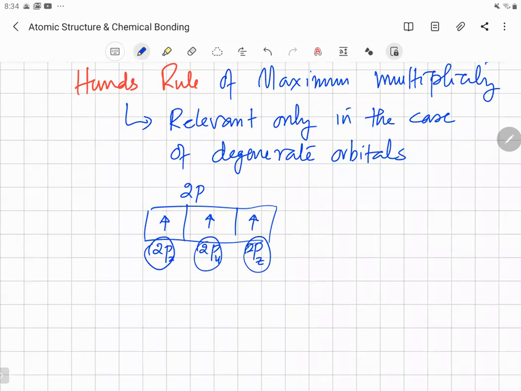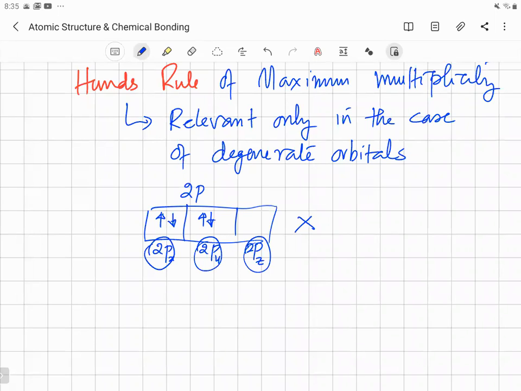Then only pairing starts. It will not distribute the electrons like this: 1, 2, 3. How many electrons were there? 4, right? This is not possible. This is possible only at higher energy, not in the lower energy case.